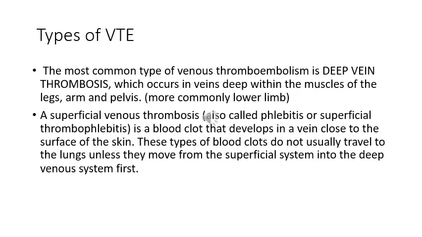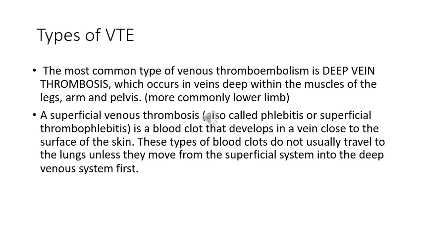Now we'll see the types of venous thromboembolism. There is superficial venous thrombosis and deep vein thrombosis. The most common type of venous thromboembolism is deep vein thrombosis. It occurs in the veins deep within the muscles of the leg, arms and pelvis. Whereas a superficial venous thrombosis, also called phlebitis or superficial thrombophlebitis, is a blood clot that develops in a vein close to the surface of the skin.